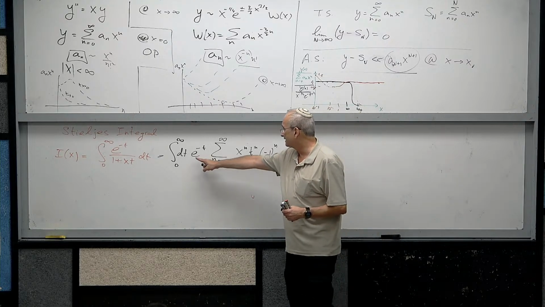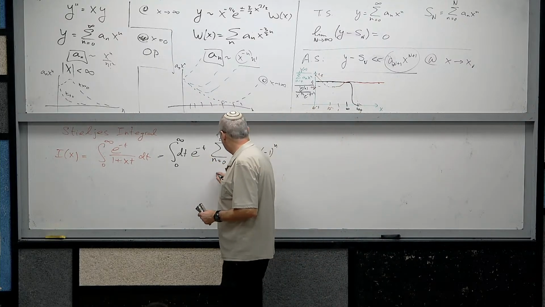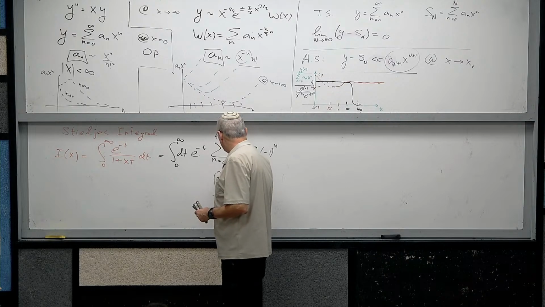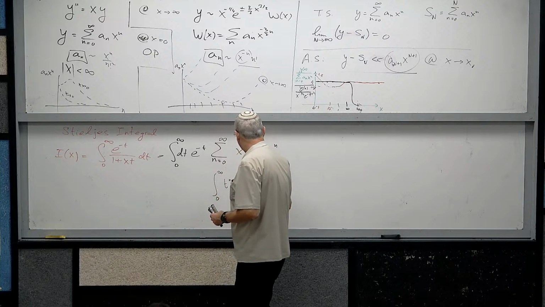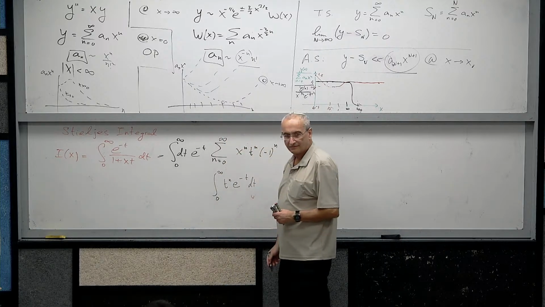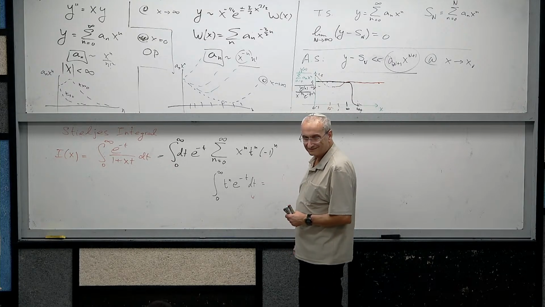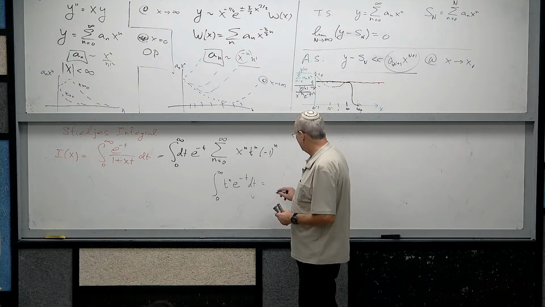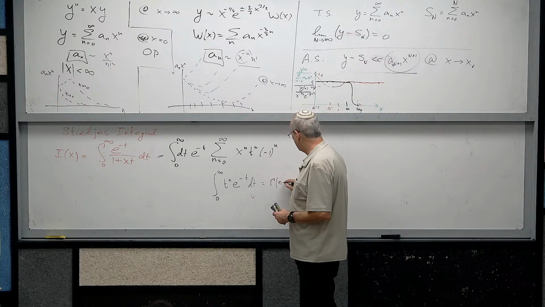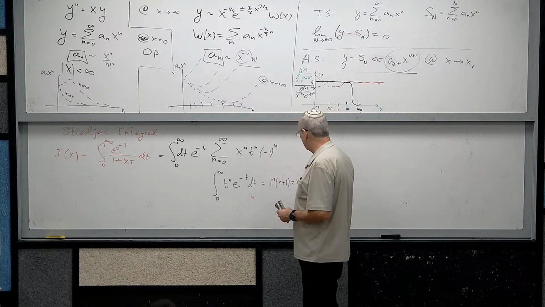And now I can integrate. What is the integral from 0 to infinity of t to the n, e to the minus t? Gamma function. Gamma of n plus 1, which is n factorial.